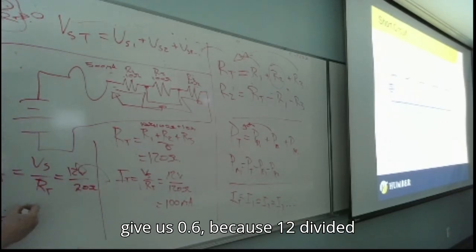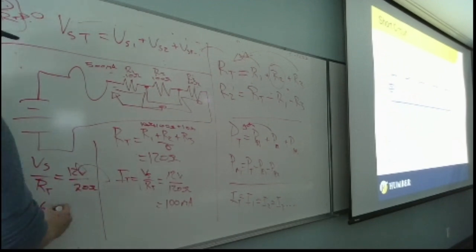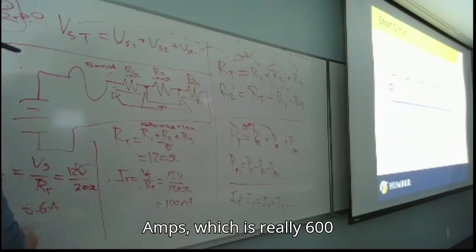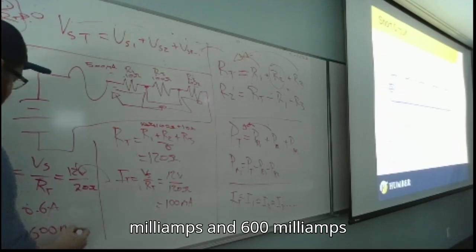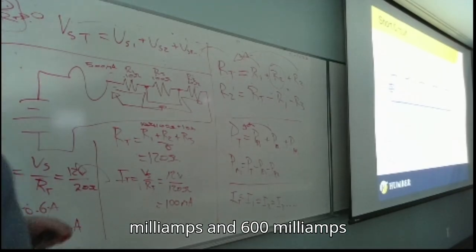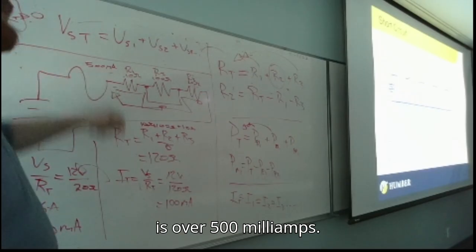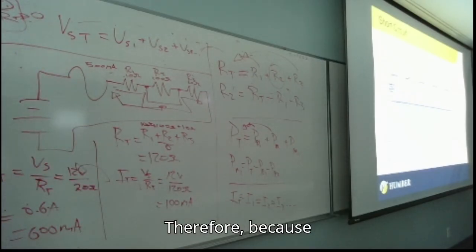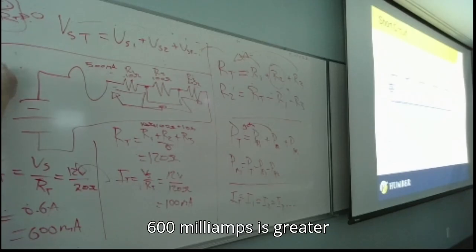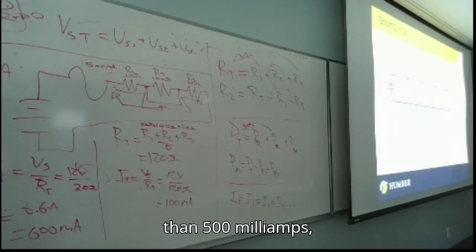And that's going to give us 0.6 amps, because 12 divided by 2 is 6, which is really 600 milliamps. And 600 milliamps is over 500 milliamps. Therefore, because 600 milliamps is greater than 500 milliamps, the fuse will blow.